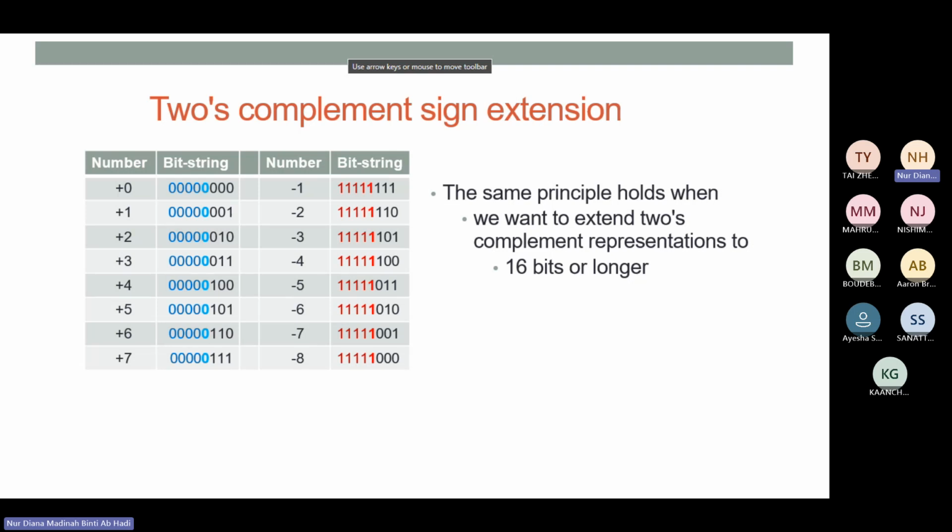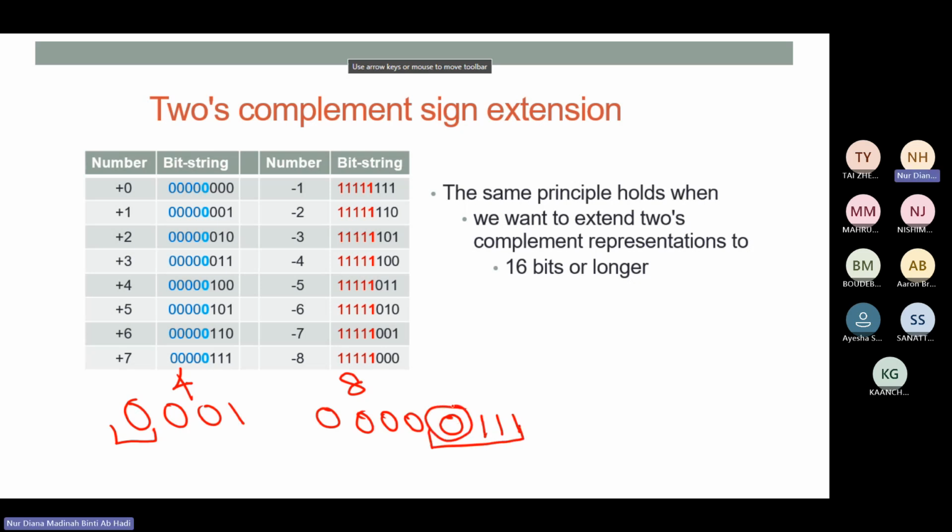Okay, so just now we have a 4-bit, right? For example, our 4-bit is 0001. But what if I want to change it into 8-bit? It means that if the most significant bit is 0, we need to add four 0s in front, and the other 4 bits will be maintained. So the original first bit will become the extension to the front.